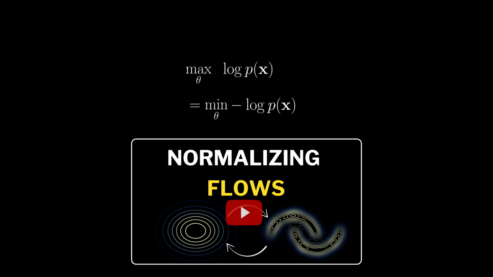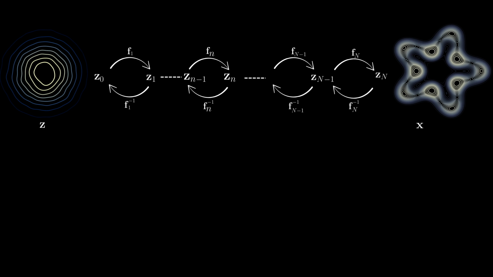I'll just repeat some of the details of normalizing flows here in case you have not seen that video. In normalizing flow, we have our samples x from data distribution and samples z from simple distribution like standard normal. We also have n invertible neural network layers, which in a sequence of n discrete steps learns to transform samples from one distribution to the other.